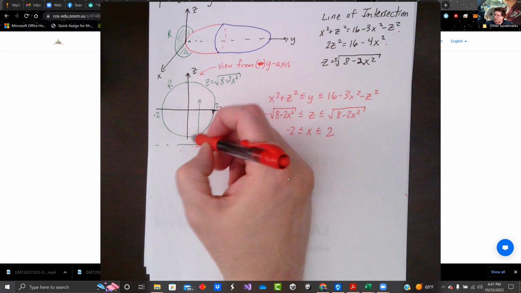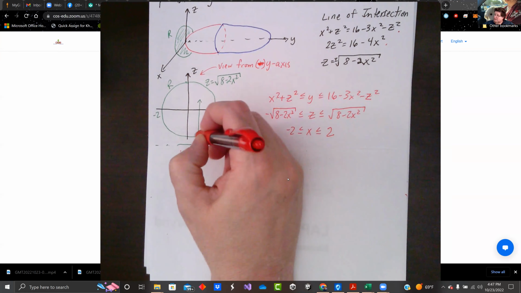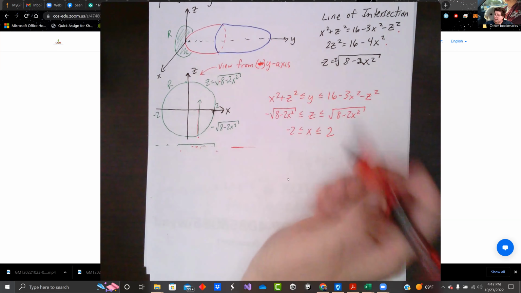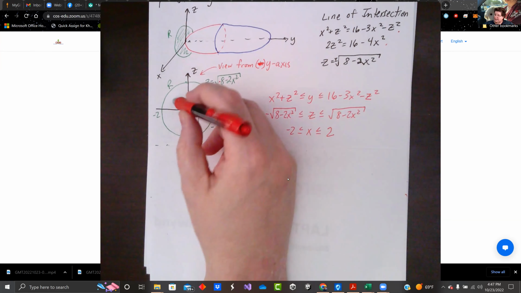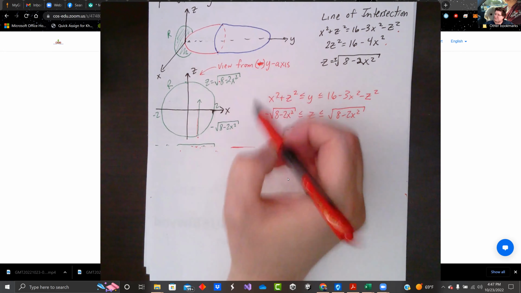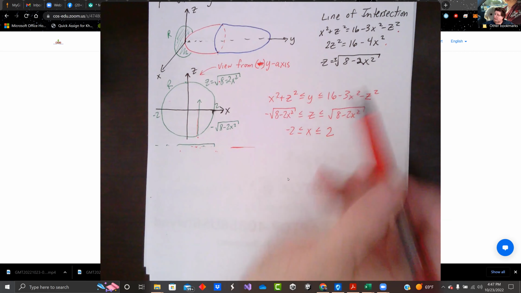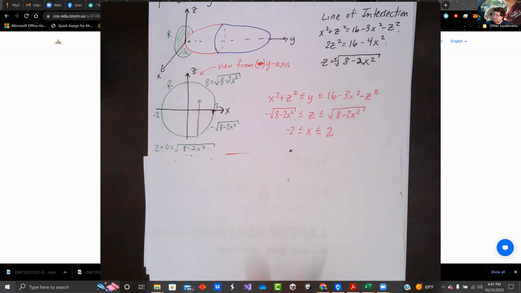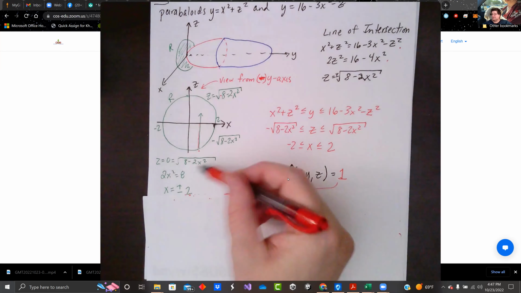So we can go along z first, from the negative lower square root to the upper square root. Then we can iterate along x. When we plug in z equals 0, we get 2x squared equals 8, so x equals plus or minus 2 gives us these limits right here. So we've got our limits.